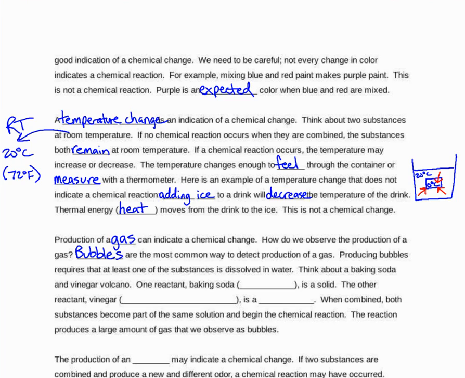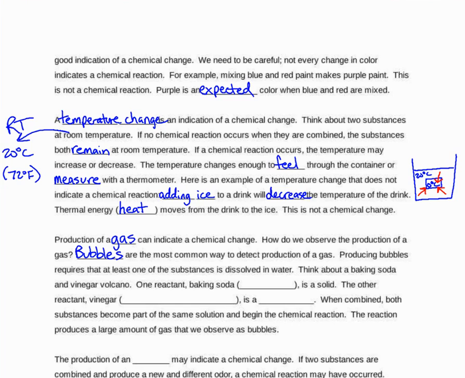There are some reactions where you can physically see the gas. But producing bubbles is the easiest way. It's the most common way to see that a gas is being produced. It's going to require something, though. At least one of the substances has to be dissolved in water, or possibly some other kind of liquid.